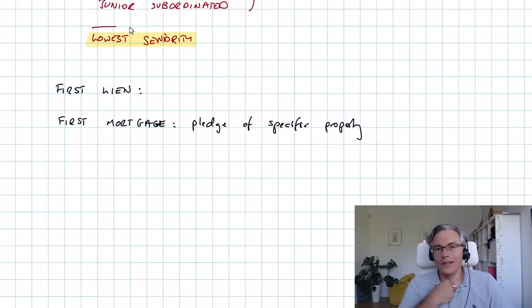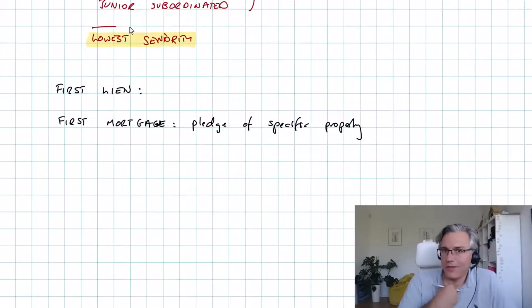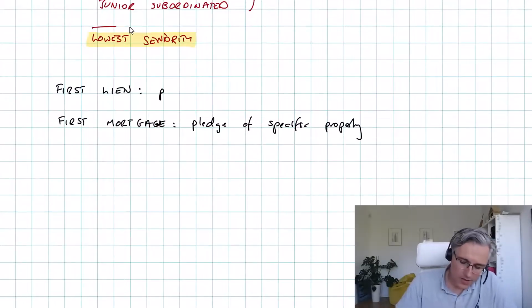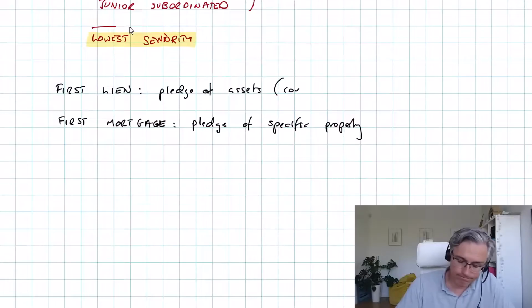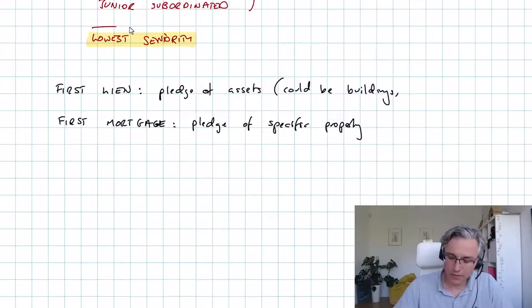First line is very similar, except it doesn't have to be a property. This is the pledge of specific assets. They could be buildings, but they don't have to be. They can be other items of property, plant and equipment, so machinery, for example.